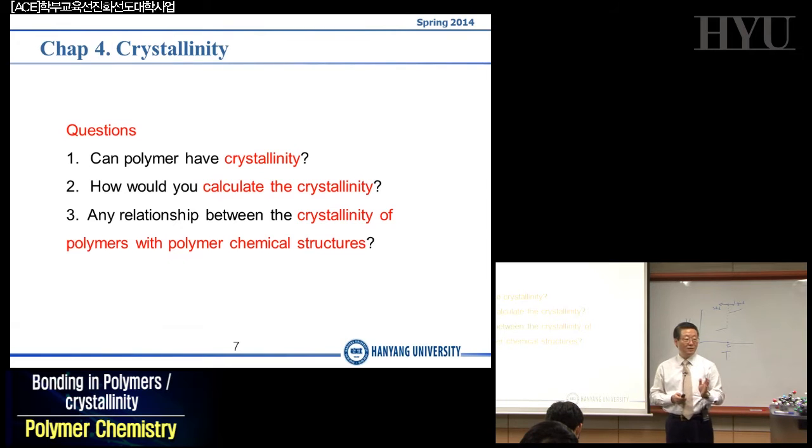That's why in chapter 2, at the end of the chapter, I elaborated a little bit about nomenclature. You should know the chemical structure, and you can name those, and you can also imagine the properties of the polymers.